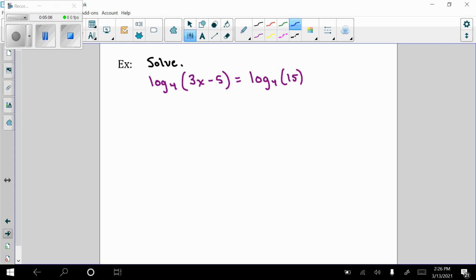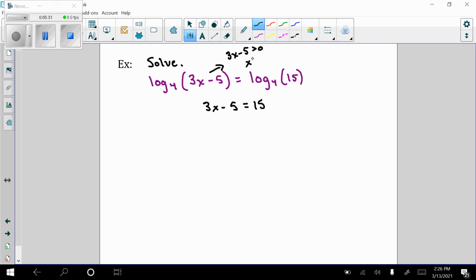Okay, so we're going to solve this one. So this one's method number 1. I've got logs on both sides, and my base is 4. So I can ignore my logarithms and just do 3x minus 5 equals 15. The one thing I need to do is think about the domain. So 3x minus 5 has to be greater than 0.